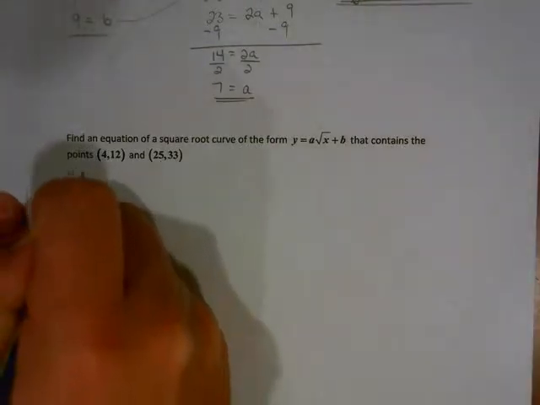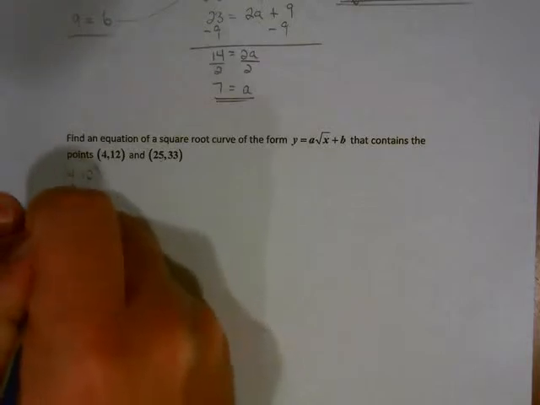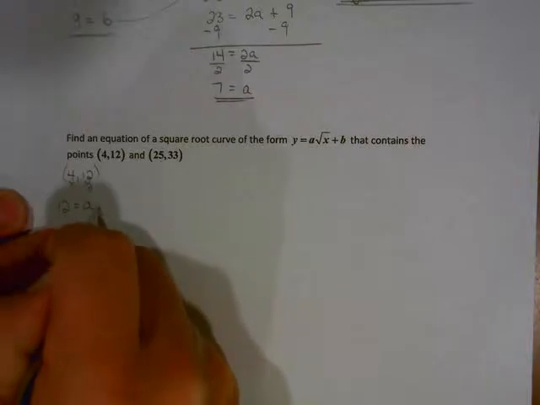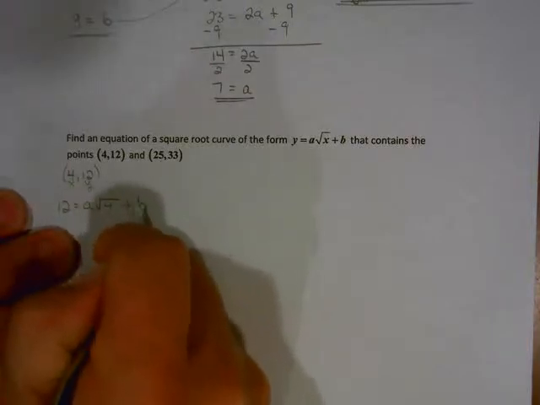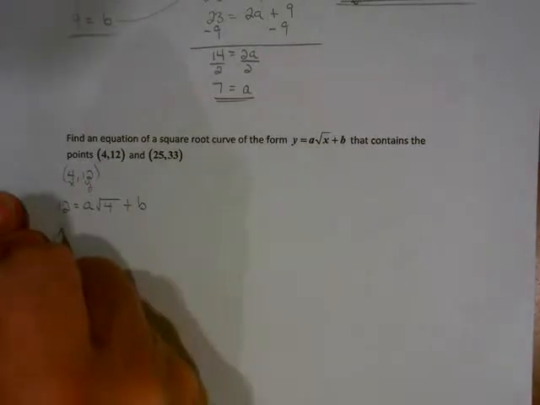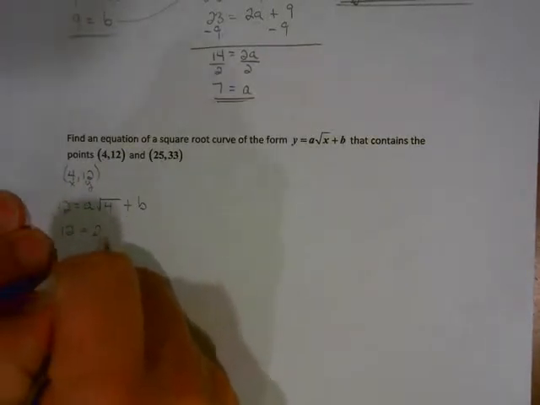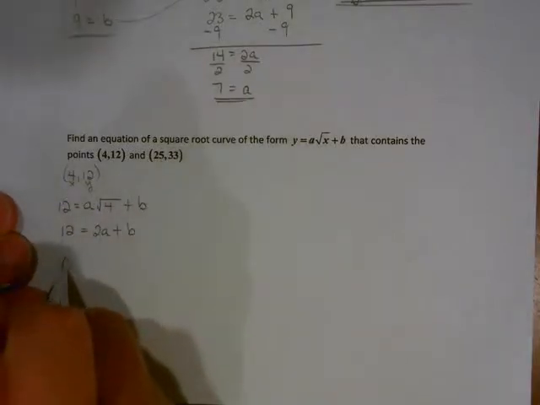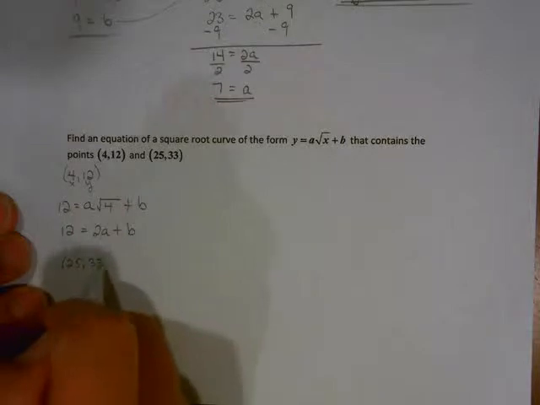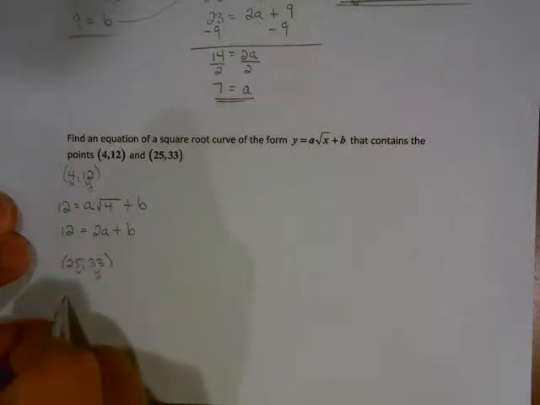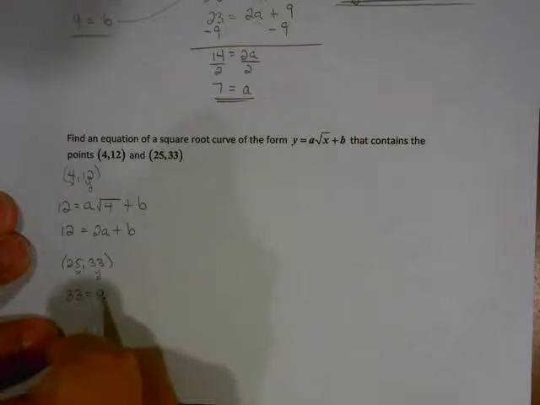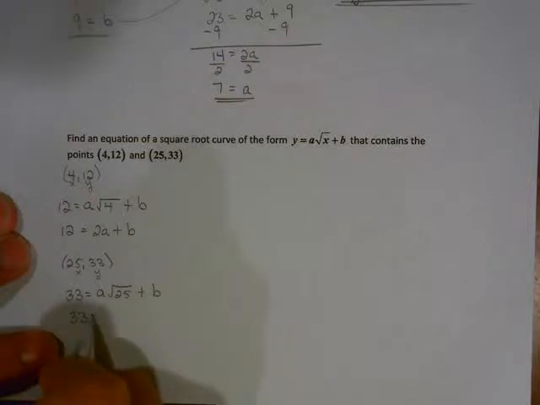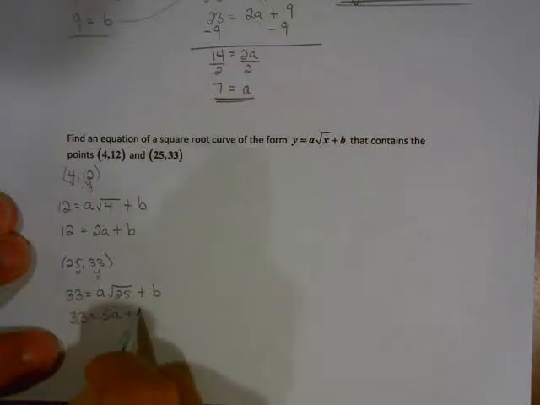So here's my (4, 12), x, y. So y is 12 equals a square root of 4 plus b. I don't know what b is. This reduces to 12 equals 2a plus b. For my other point, (25, 33), again x, y, 33 equals a square root of 25 plus b, so 33 equals 5a plus b.